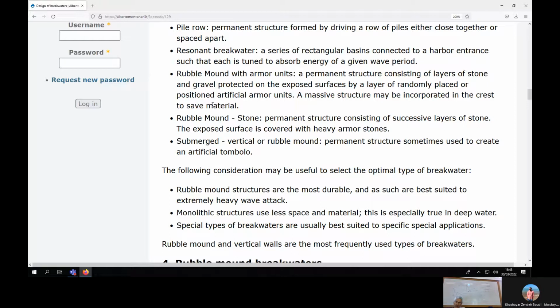Yes, and the advantage is that for calm conditions, first of all, some of them you can inflate and deflate. So some of them may even stay on the sea bottom, and when you need them, you inflate air and they emerge.